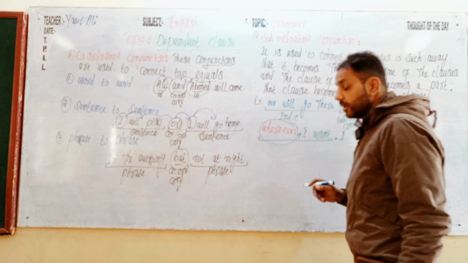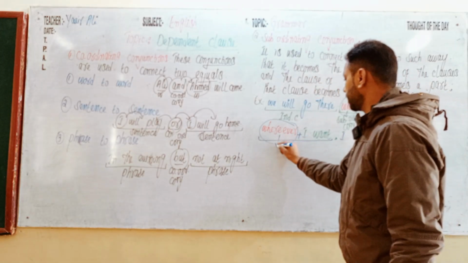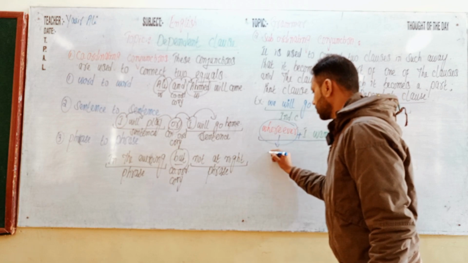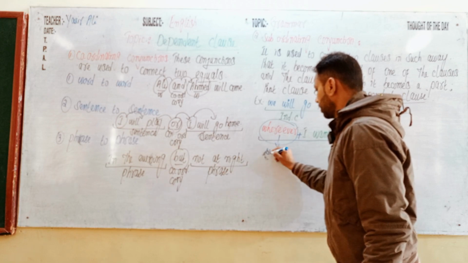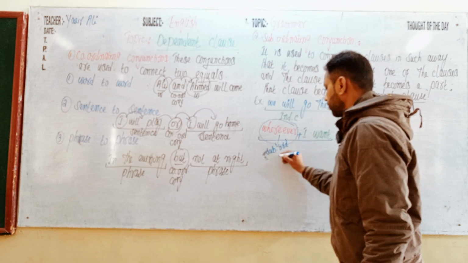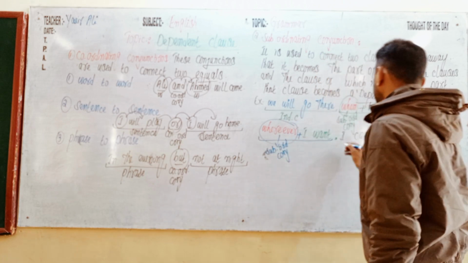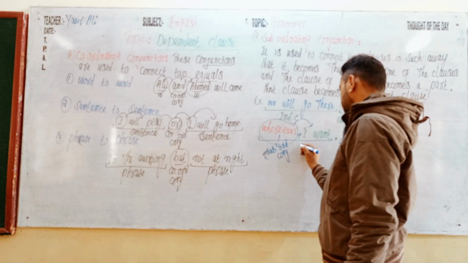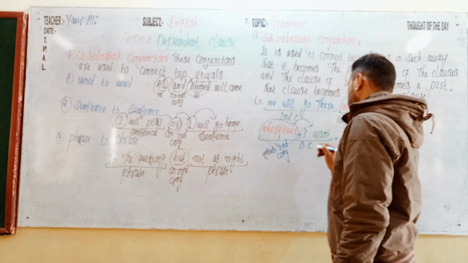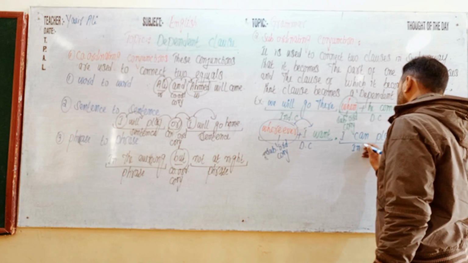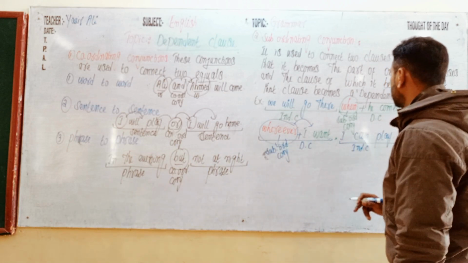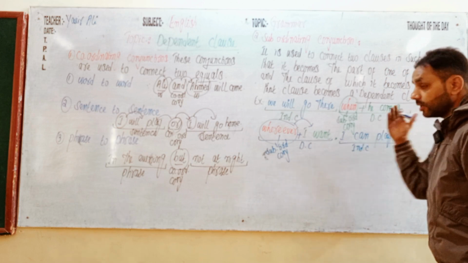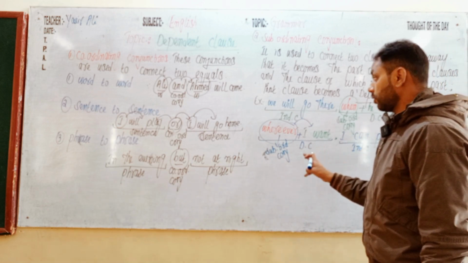A dependent clause is the one in which there is inclusion of a connector, and this is a connector of place. This is a subordinating conjunction, and just because of this inclusion in this clause, it has become a dependent clause, and this is your independent clause. So this is a complex sentence, in other words an adverb clause of place.